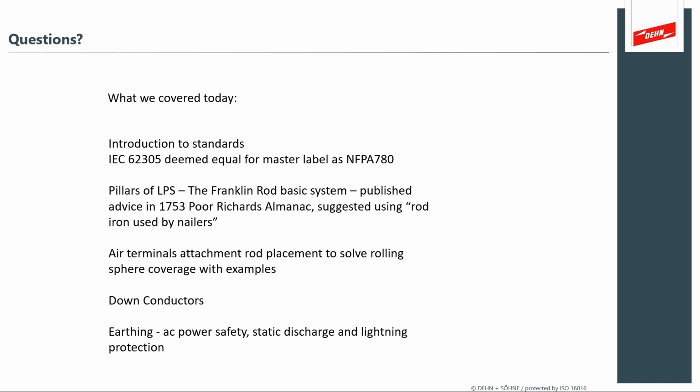And what we often see is that that electrode becomes part of the overall LPS system as well. So if you went to the electrical standard, it would be 25 ohms, which seems excessively high.